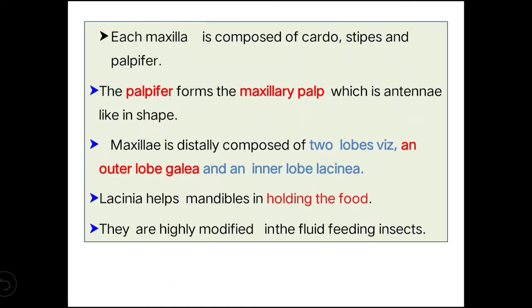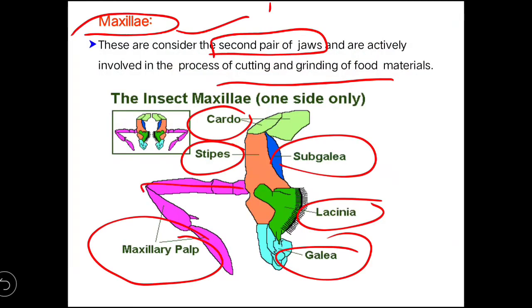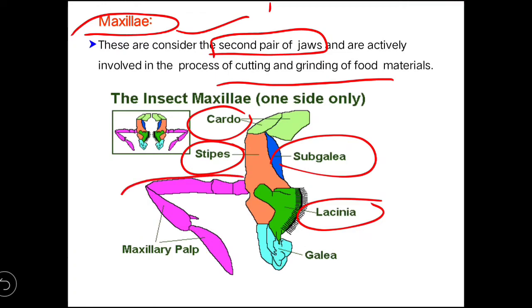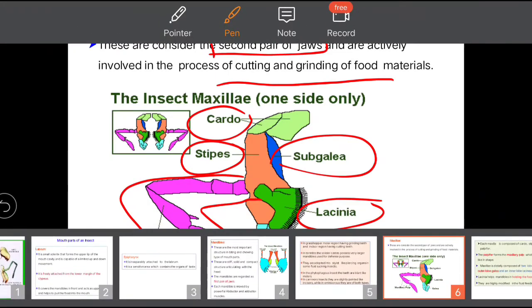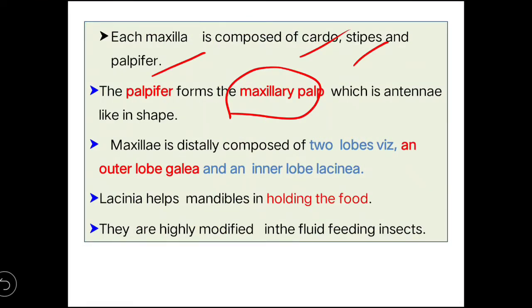Each maxilla is composed of cardo, stipes and palpifer. The palpifer forms the maxillary palp, which is antenna-like in shape. As you can see, this is the antenna-like shape. So this maxillary palp is antenna-like, and the cardo and stipes are here. Next, the maxilla is distally composed of two lobes.